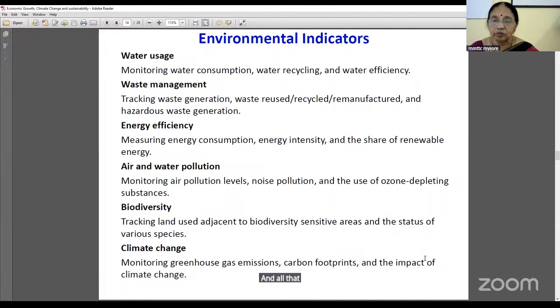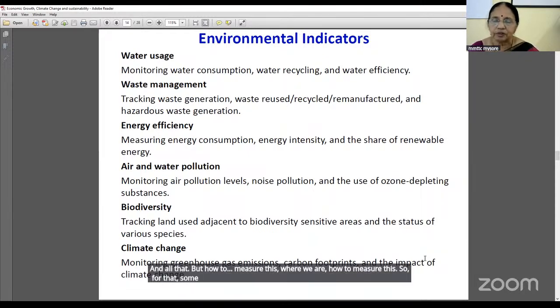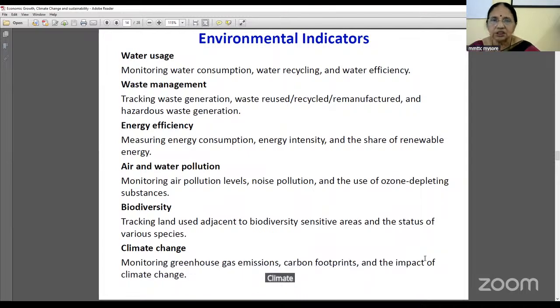But how to operationalize this, how to measure this? Where are we? So for that, some indicators have been developed. What are the environmental indicators? Water usage, waste management, energy efficiency, water pollution levels, levels of biodiversity, and climate change. These are what are called the environmental indicators.